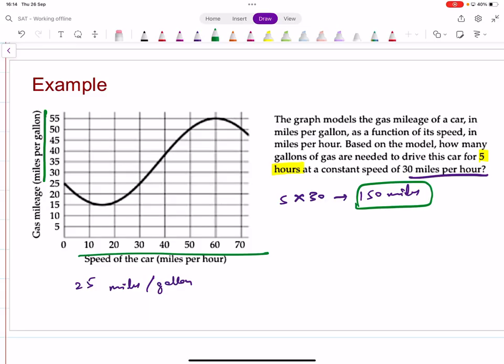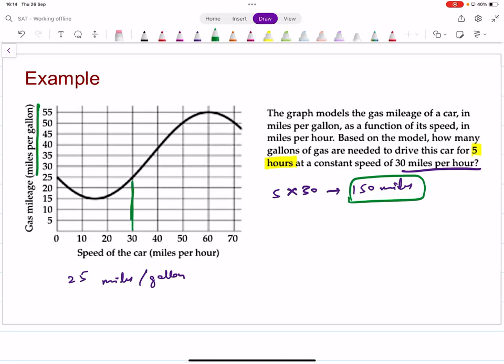So consumption depends on the speed you're driving the car at. Now you know the speed of the car is 30 miles per hour. So looking at the graph, you can figure out what mileage you're getting at 30 miles per hour. So from the graph, you just have to read this much.